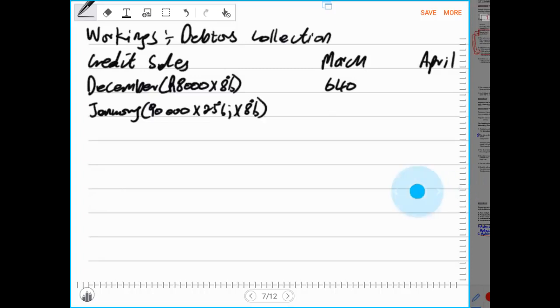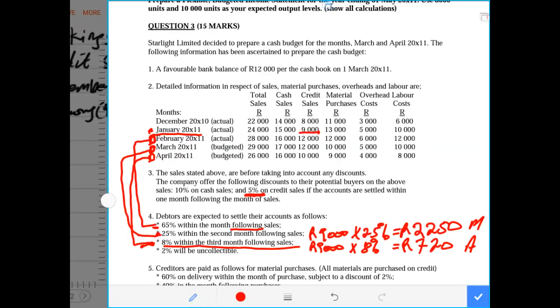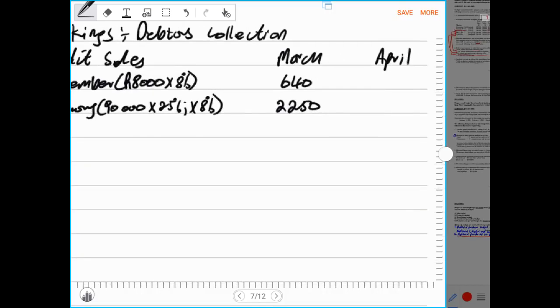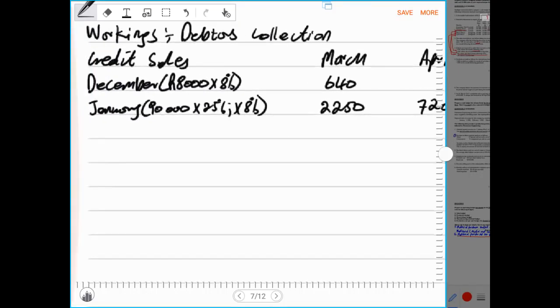And that collection will be an amount of 2,250 in March and 720 in the month of April.